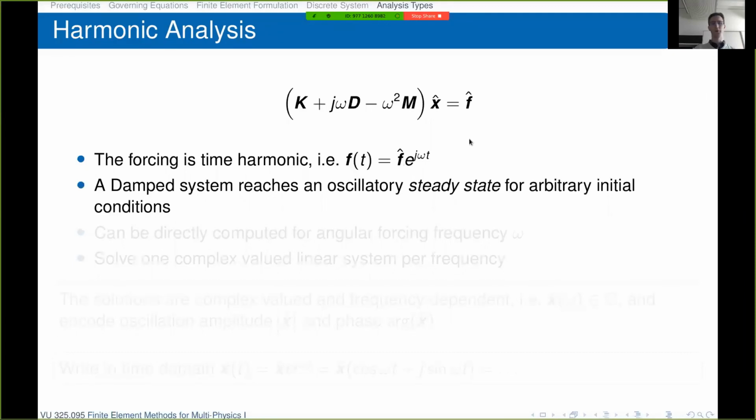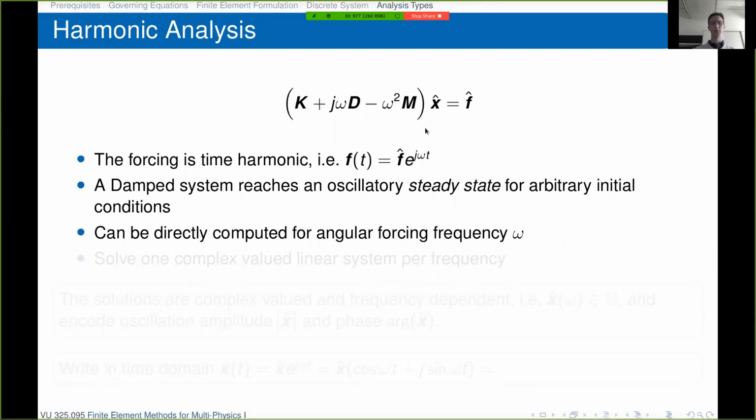So we know that if we have a damped system and we force it with sinusoidal excitation, it will reach an oscillatory steady state for arbitrary initial conditions. Therefore, we can directly in the harmonic analysis compute this steady state. Of course, the solution is dependent on the forcing frequency omega.